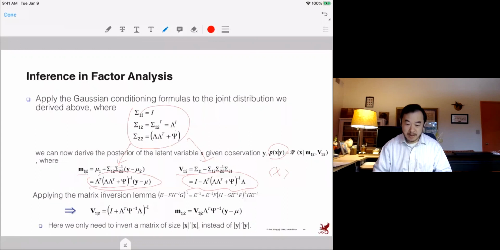So here I will ask a very tough question. Can somebody help me figure out what is the computational complexity, say, of figuring out the conditional covariance matrix of 1 given 2, of x given y, say? How much computation is needed? So this is a very, very challenging question. I want to just give it a try.